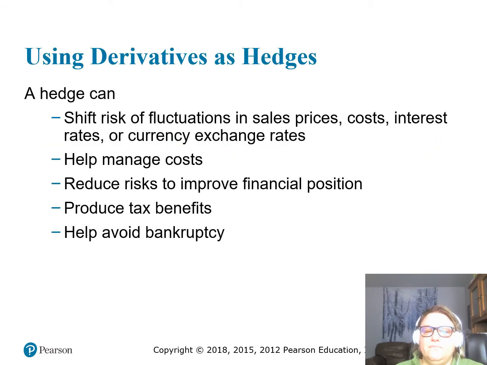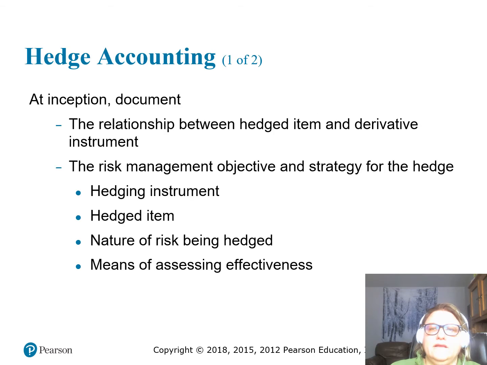Remember from a previous chapter, the definition of a hedge. It's basically to reduce risk. It's an insurance policy. I love to call it an insurance policy, and it helps manage risks. It helps reduce risks, and also helps avoid bankruptcy.